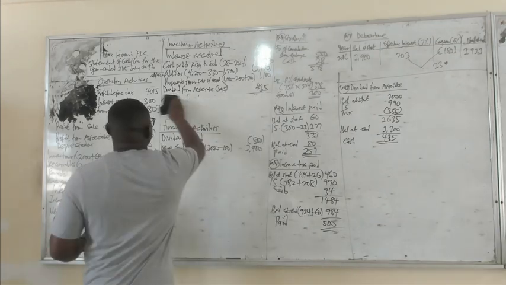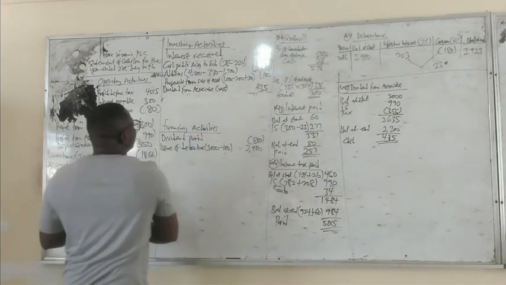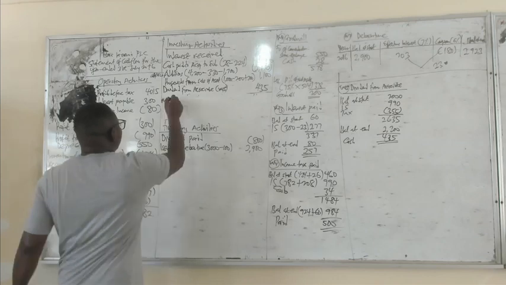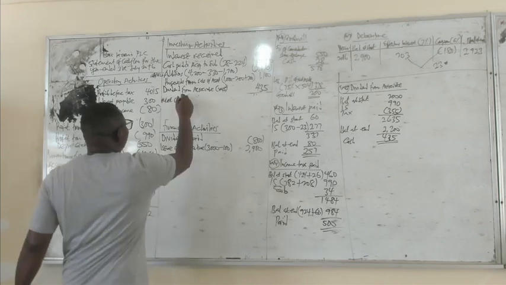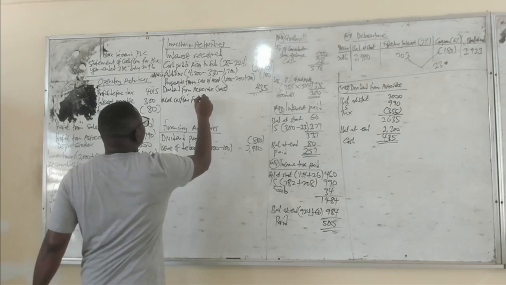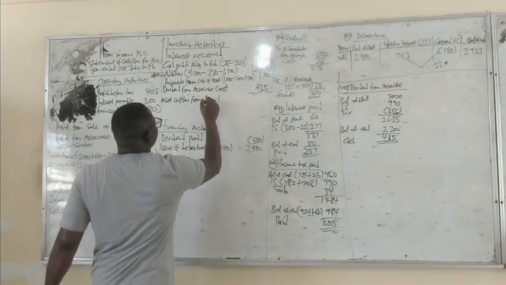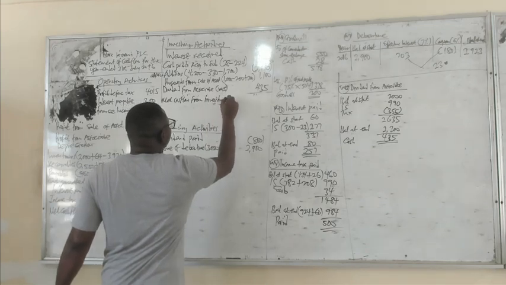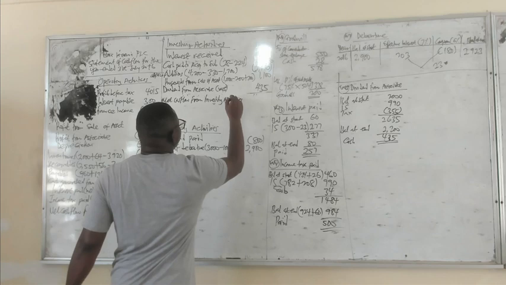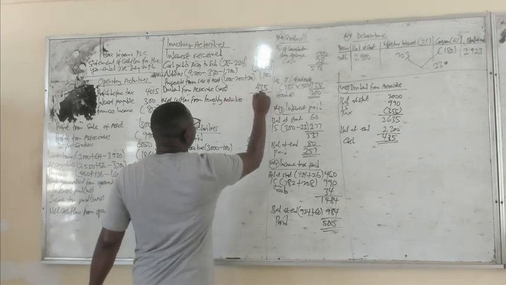So this is going to be the net cash flow from investing activity. 300.